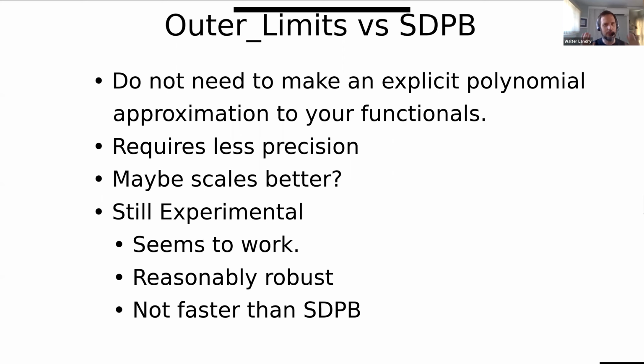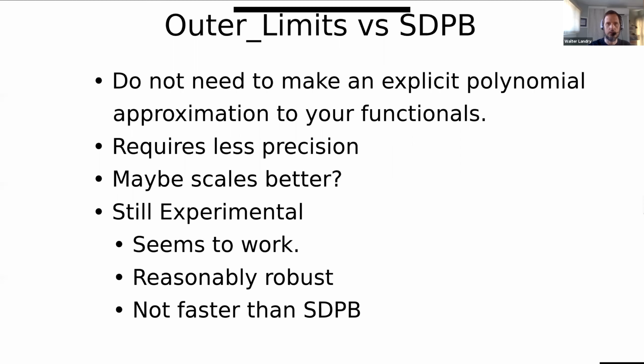But I feel like I haven't quite nailed down the scaling yet. It is still experimental. It seems to work, it seems reasonably robust, but it's not going to be fast as SDPB. So if you want to experiment and see if this will work for your problem, then it's ready for that.